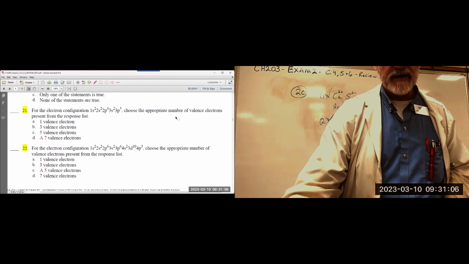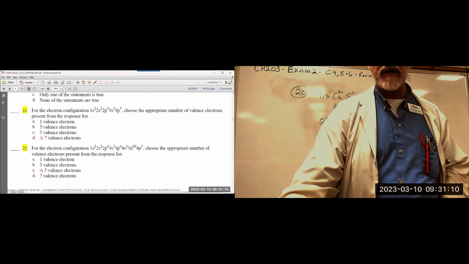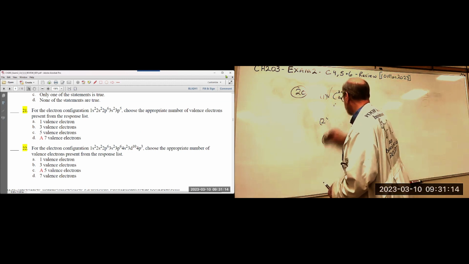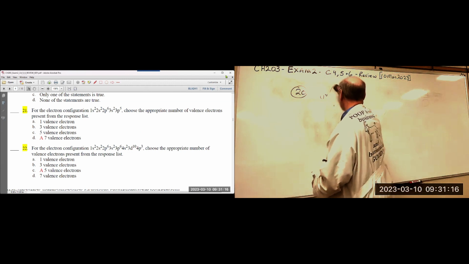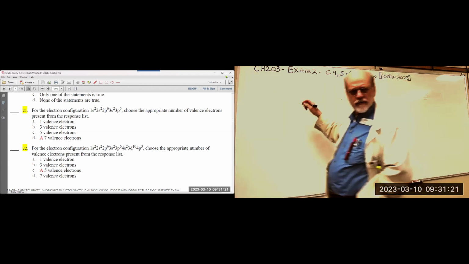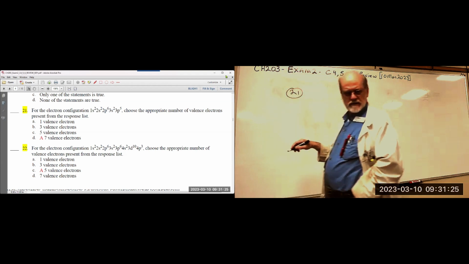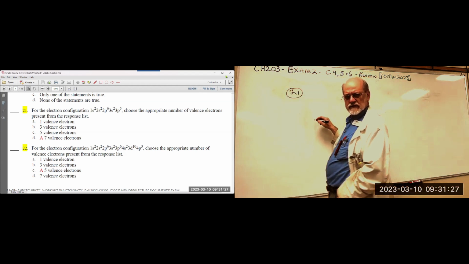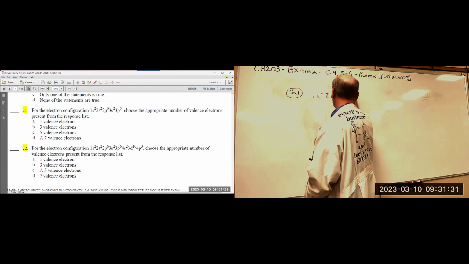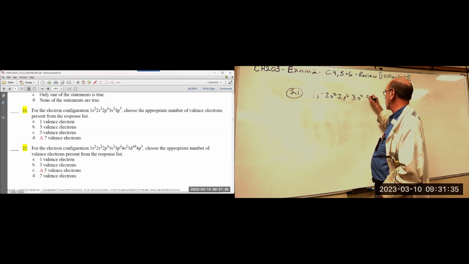All right, let's do these. We'll move something out of the way so I can see valence electrons. Okay. (21) For the electron configuration 1s2, 2s2, 2p6, 3s2, and 3p5.